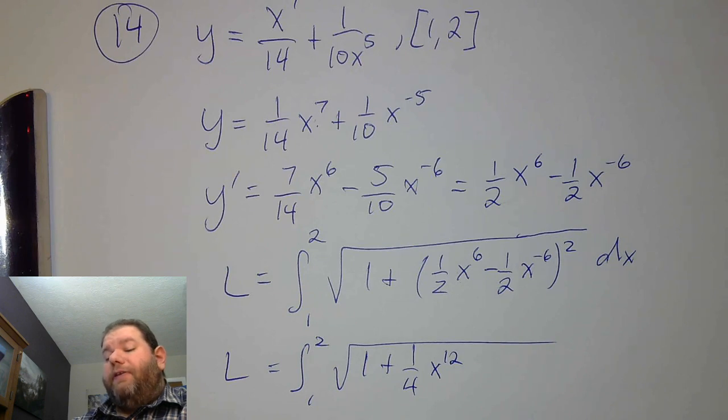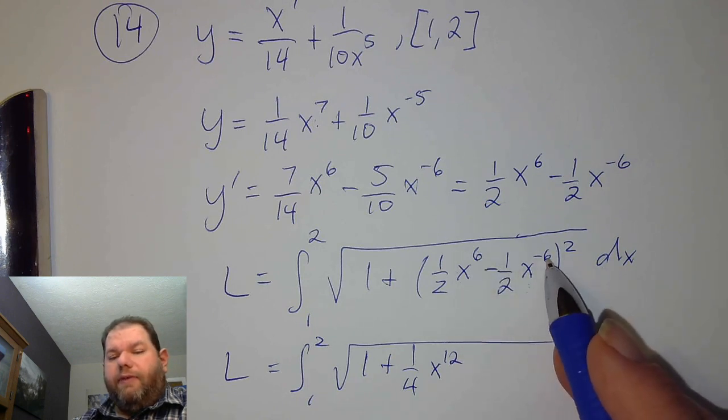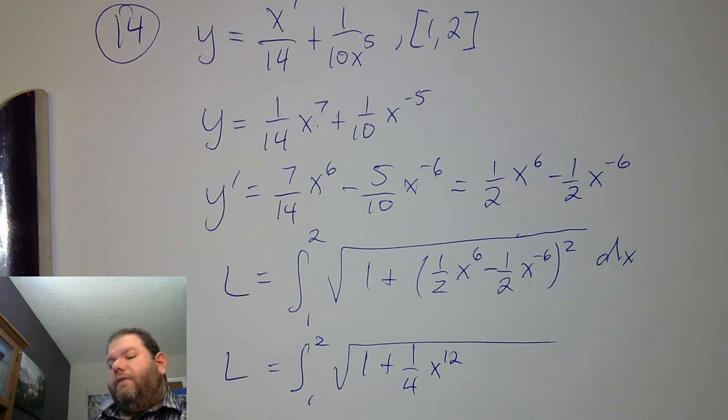Now, if we multiply these together, what is x to the 6th times x to the -6?